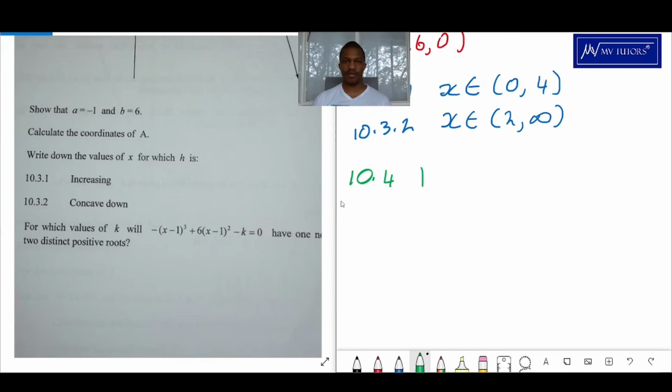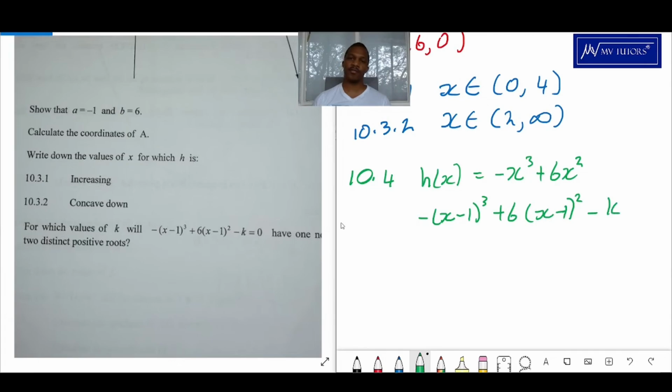Okay, first of all, let me write what h of x is. h of x we know is minus x cubed plus 6x squared. Now this one that they have given us is actually minus (x minus 1) cubed plus 6(x minus 1) squared minus k.